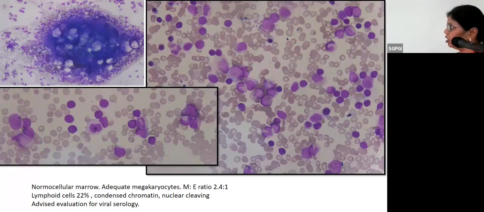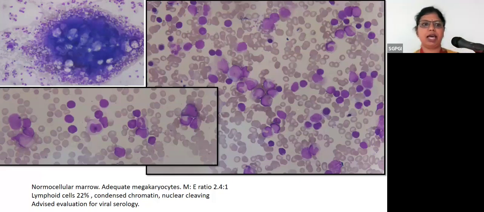Again, they showed a small to medium-sized morphology with condensed chromatin, no conspicuous nucleoli, but an irregular nuclear outline. So this case was reported as bone marrow showing an increased proportion of lymphoid cells, advised evaluation for viral serology and immunophenotyping to conclude the diagnosis.